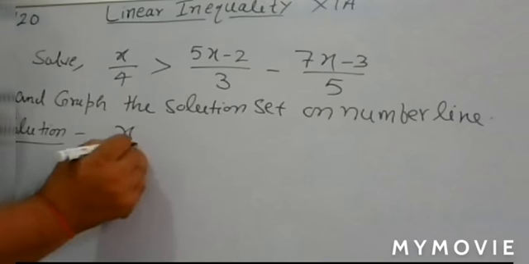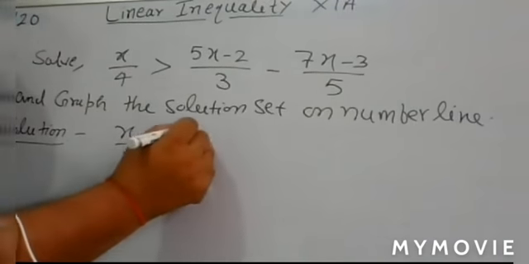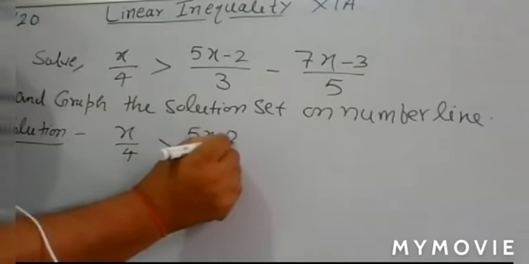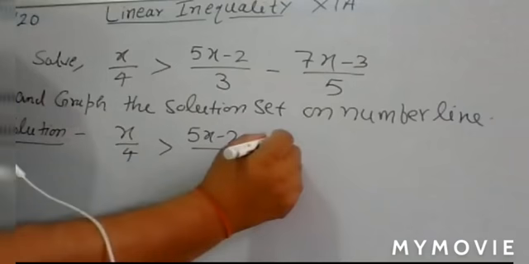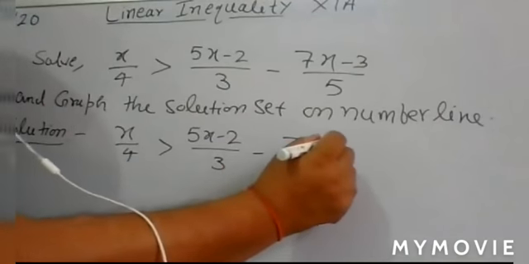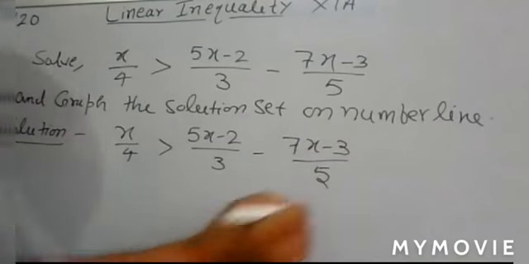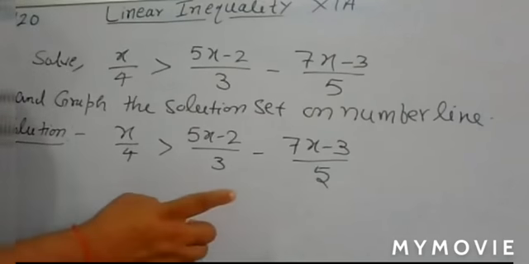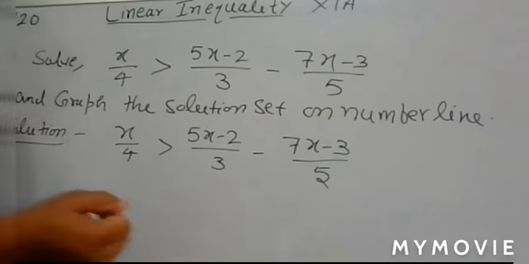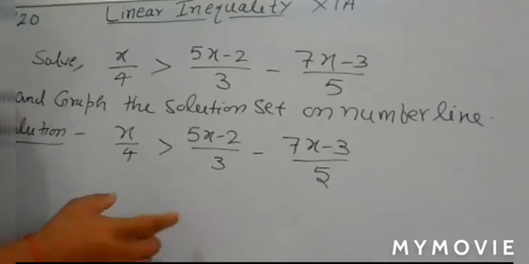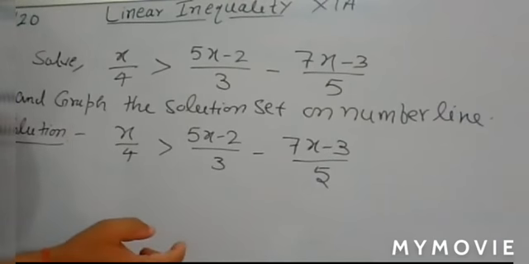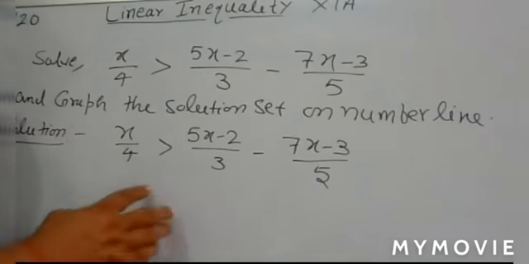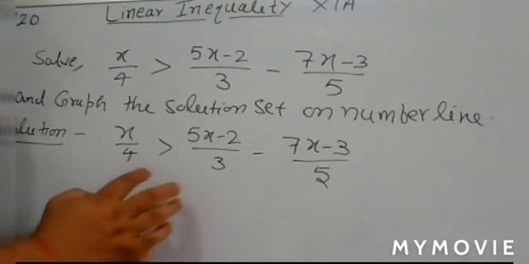x/4 greater than (5x - 2)/3 minus (7x - 3)/5. Now, in the same way, here you take the LCM of 4, 3, and 5. What is the LCM of 4, 3, and 5? 60. So the LCM is 60.